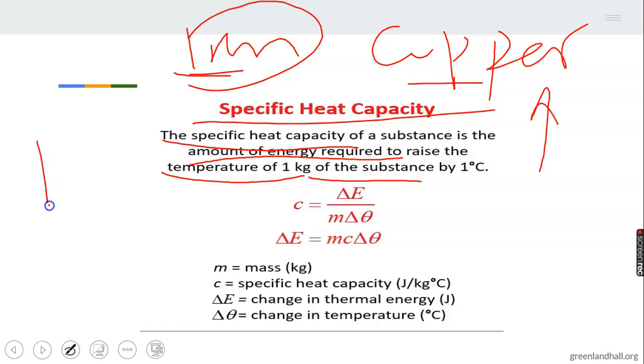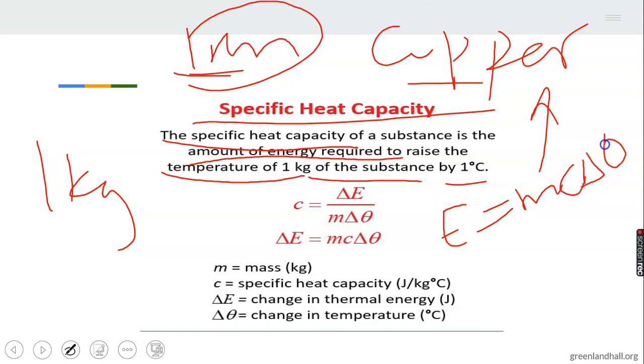Note, 1 kilogram of iron or of copper. We are not taking into consideration the entire mass, but only one portion of it, which is 1 kilogram, by 1 degree Celsius.